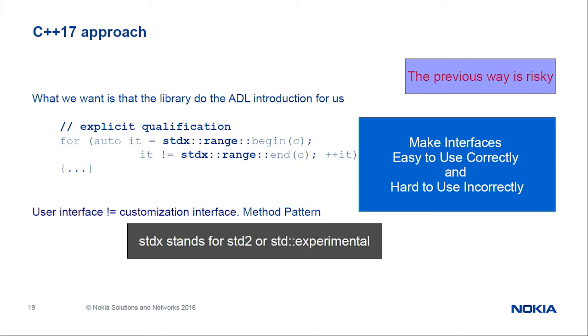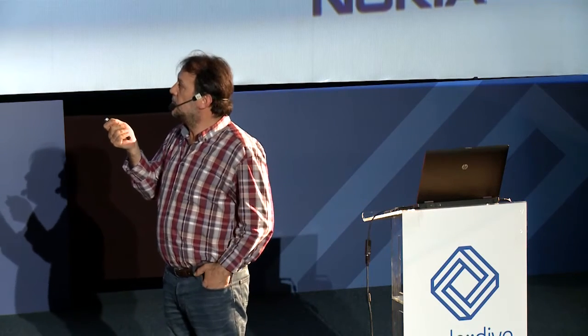Then what we want is to be a little bit more specific and to have the library do that. We want, for example, the library range to take care of adding these std functions and using ADL when the user has done the specialization. Okay, then we can start to see that the user interface here is different from the customization one.